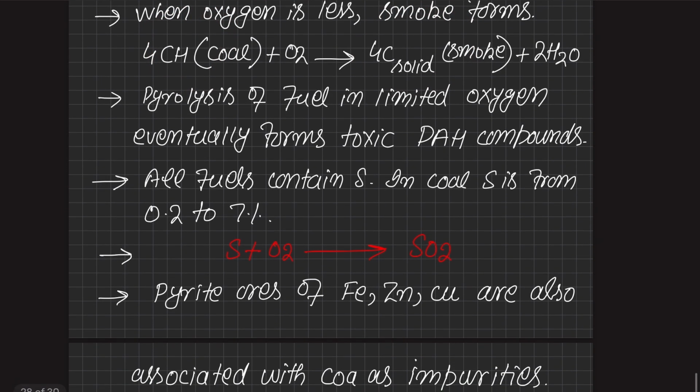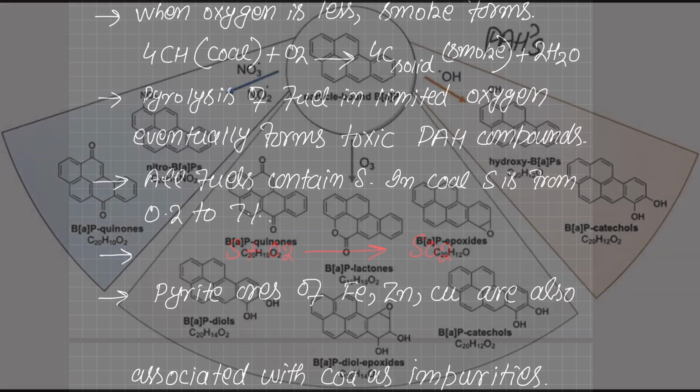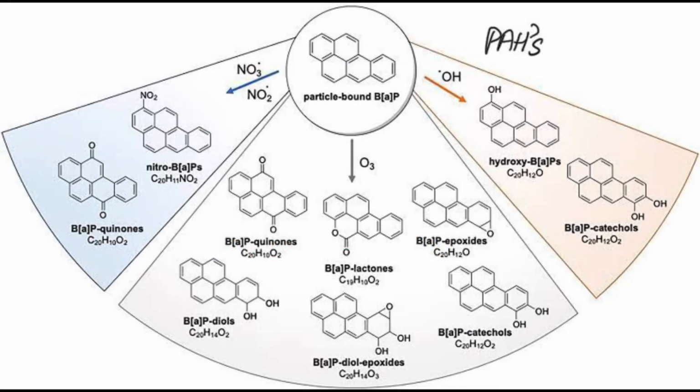Now this carbon rearranges into various types of products, and one of those products is called polyaromatic hydrocarbons. This polyaromatic hydrocarbon is very dangerous, it is cancerous in nature and very harmful for the health of living organisms. Polycyclic aromatic hydrocarbons, which are produced by the rearrangement of carbon from the burning of coal, have very condensed fused rings, and they have double and triple bonds in their structure.